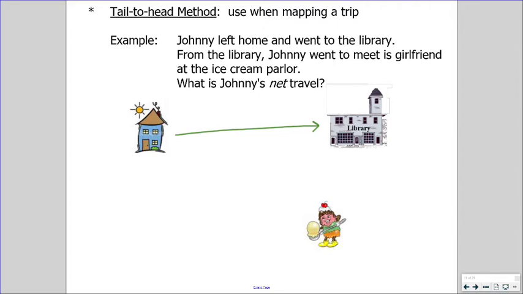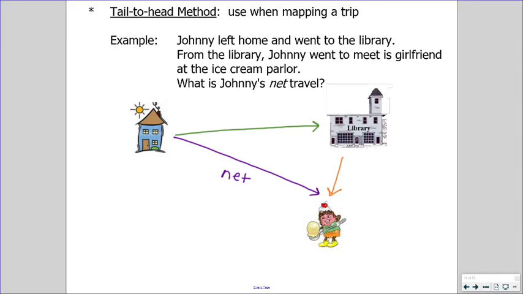And then from the library, he went to meet his girlfriend in the ice cream parlor. So then there's our second vector. We want to know what his net travel is. So his net travel then is the vector represented from where he began going to where his final location was. So this is our net travel, or the net distance traveled when we find the magnitude of that vector.